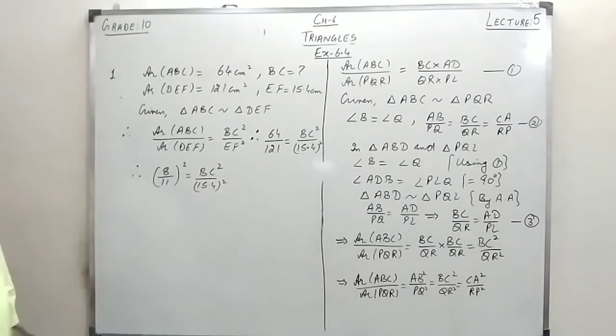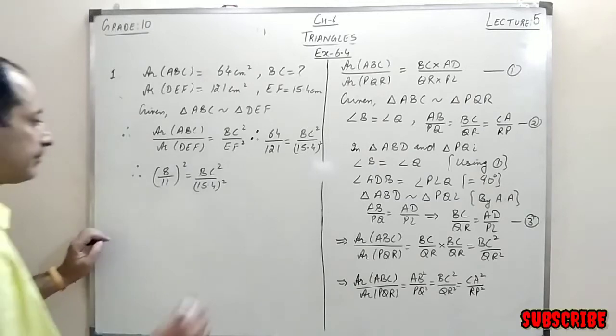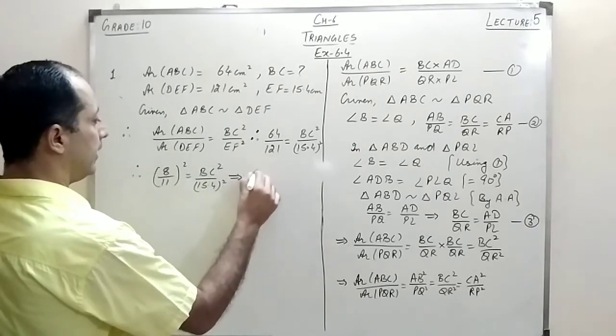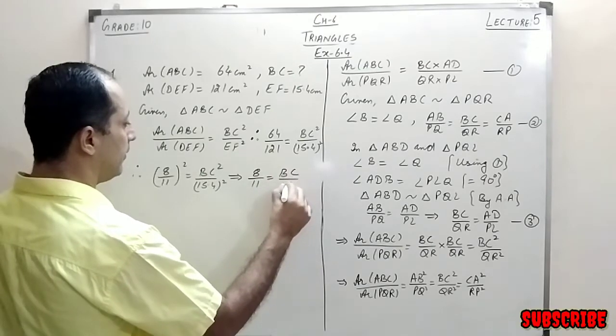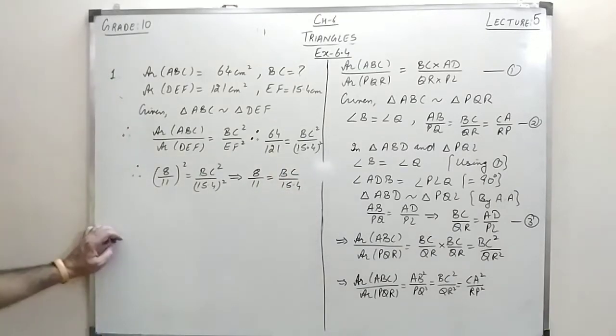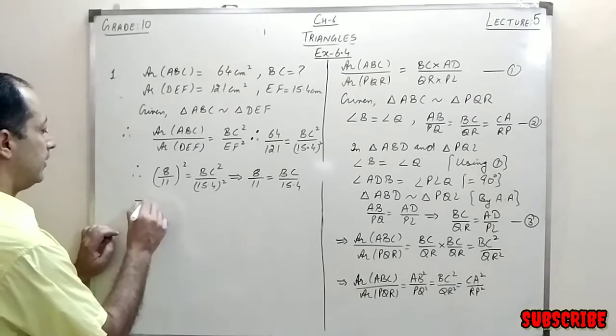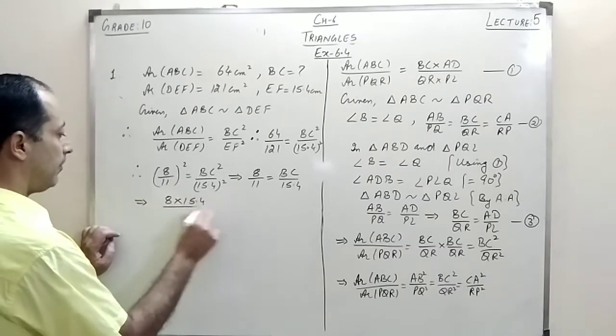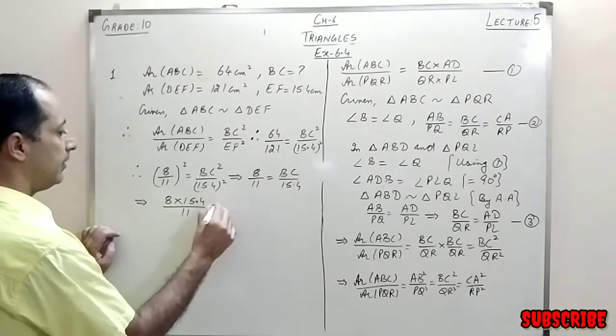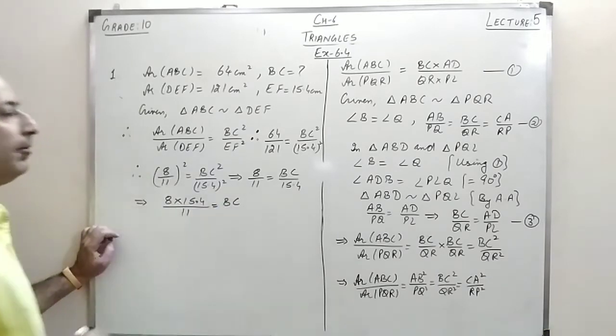And if I take the square root of both the sides, I will get 8 by 11 is equal to BC upon 15.4. So now we can cross multiply. So I get 8 into 15.4 upon 11 is equal to BC.